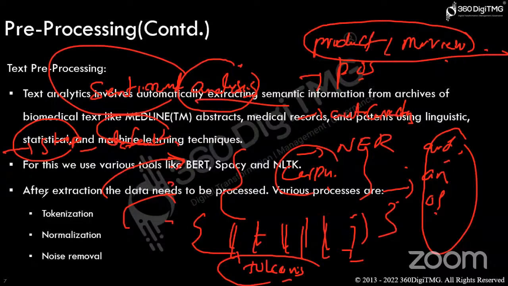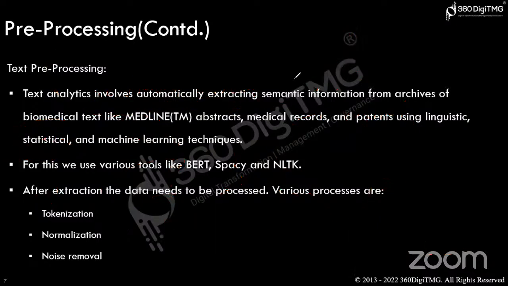You can simply use the stop words and remove the words which don't represent any emotion, and then you can bring out the words which represent the emotion or that are related to some particular product or particular movie.